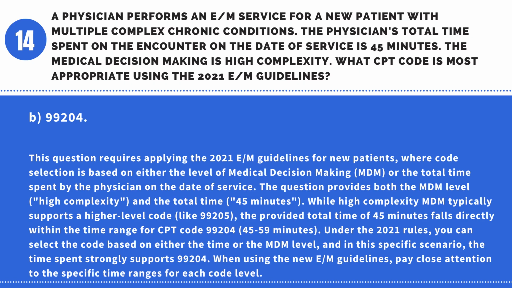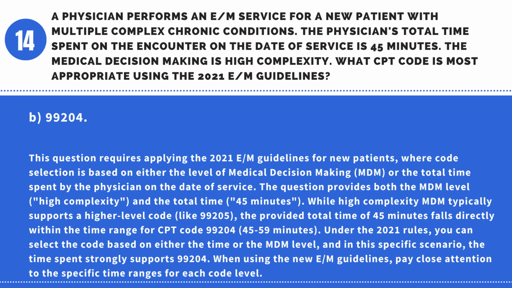This falls squarely into the 99204 time range, 45 to 59 minutes. High complexity MDM would support 99205. Under the 2021 rules, you can choose the level based on either MDM or time. Therefore, you could technically choose 99205 based on MDM. However, the options provided suggest the time is the intended factor here, or there's a misunderstanding of the time ranges.